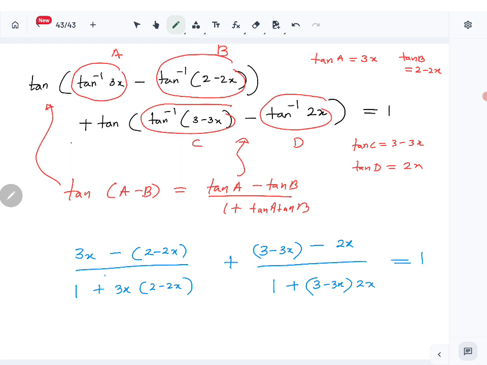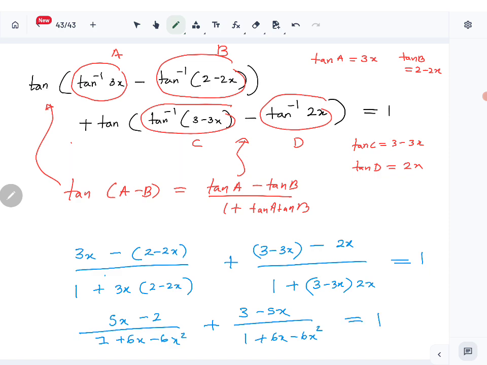Right, now simplify. What do you get? 5x minus 2 over 1 plus 6x minus 6x squared, plus 3 minus 5x over 1 plus 6x minus 6x squared equals 1.